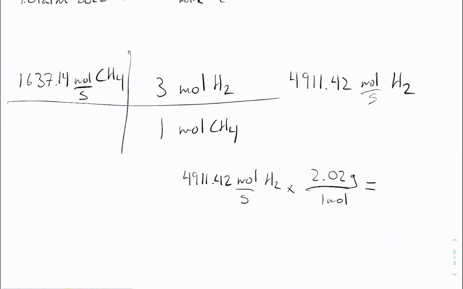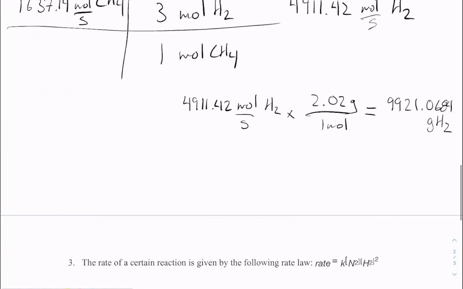To go from grams to kilograms, divide by 1,000, move 3 places. So 9.921. We take this and divide by 1,000. Cool. Kilograms per second.